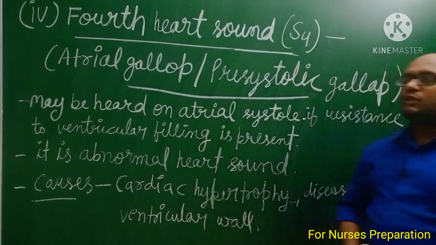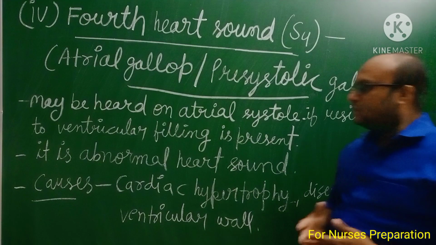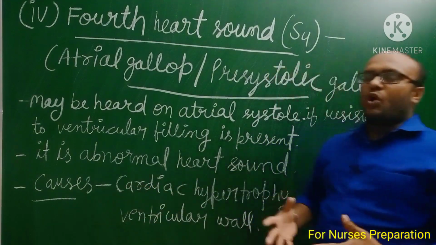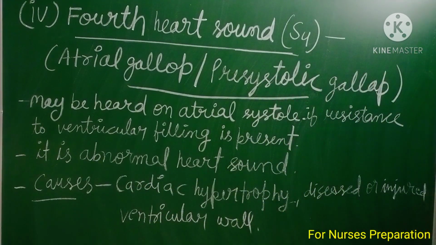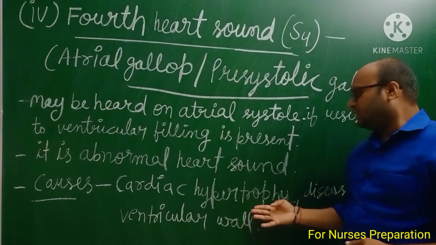Now let's talk about point number 2. It is an abnormal heart sound. The S4 heart sound is completely abnormal. Next point, what are the important causes of production of the S4 sound? First, cardiac hypertrophy.